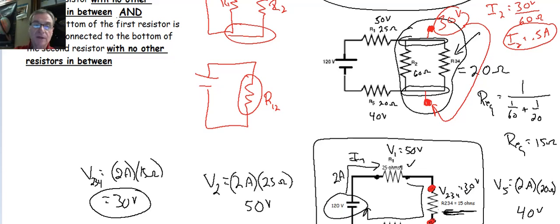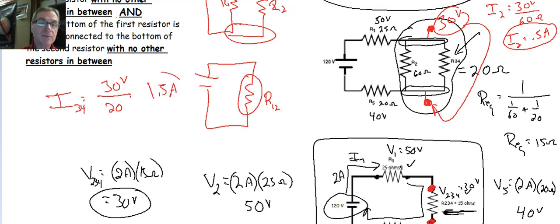All right, I'm going to do it over on the left-hand side of the screen here because I've got more room. I34 is going to be equal to the voltage, right, which is still going to be 30 volts, divided by the resistance, which is 20 ohms, right? And 30 divided by 20 is 1.5 amps.